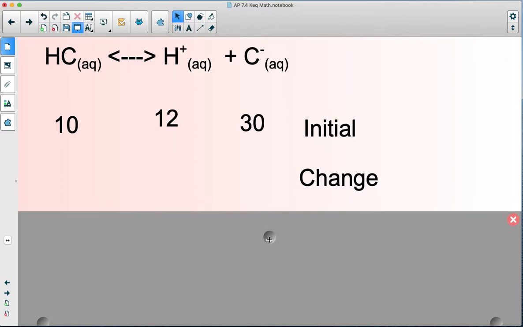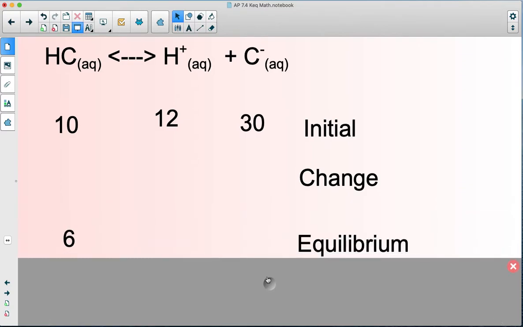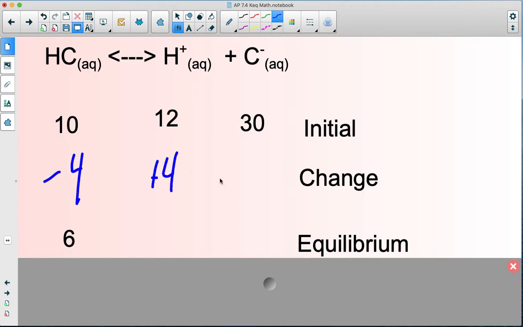But don't worry, my friends. Instead, they're giving us an amount at equilibrium. We can go back and look at this one particular spot and figure out what the change must be. Okay? If it was 10 and now it's 6, the change must have been -4. Okay? If that one was -4, because this is the simplest of these, this is just going to be +4, this is going to be +4.